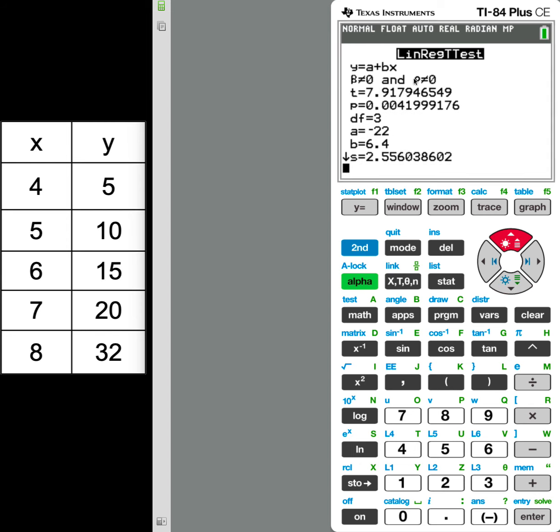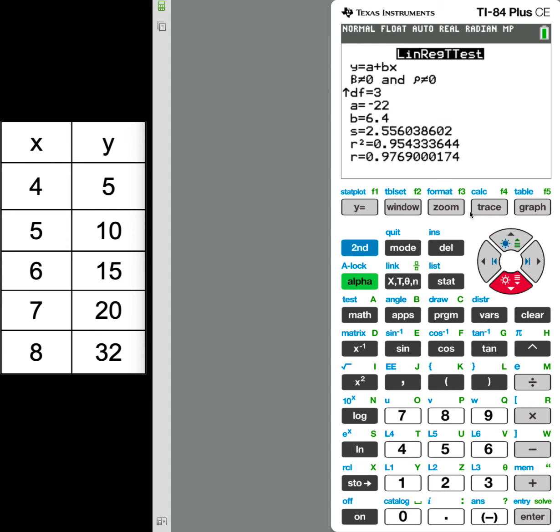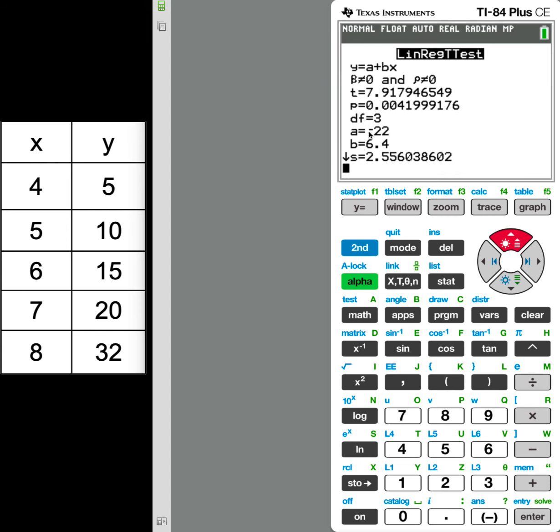If I wanted to do an actual test, I could do it here. With the p-value, I could determine reject the null, so there is a correlation. I could look at the correlation coefficient, talk about how strong or weak, positive, negative. I could look at r squared. I can also find the regression equation here and write it out: y equals 6.4x plus or minus 22. So everything is in this one place, LinReg t-test.